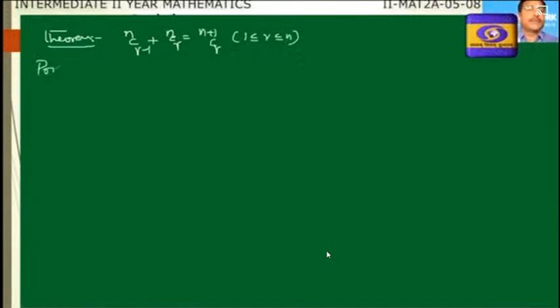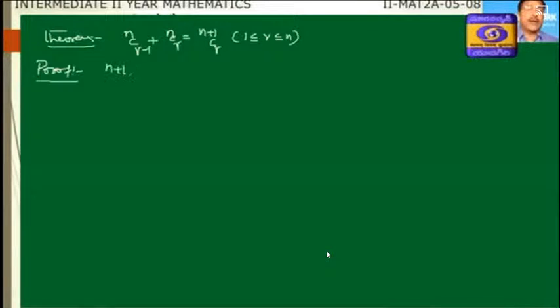Now, every combination is considered as a subset.